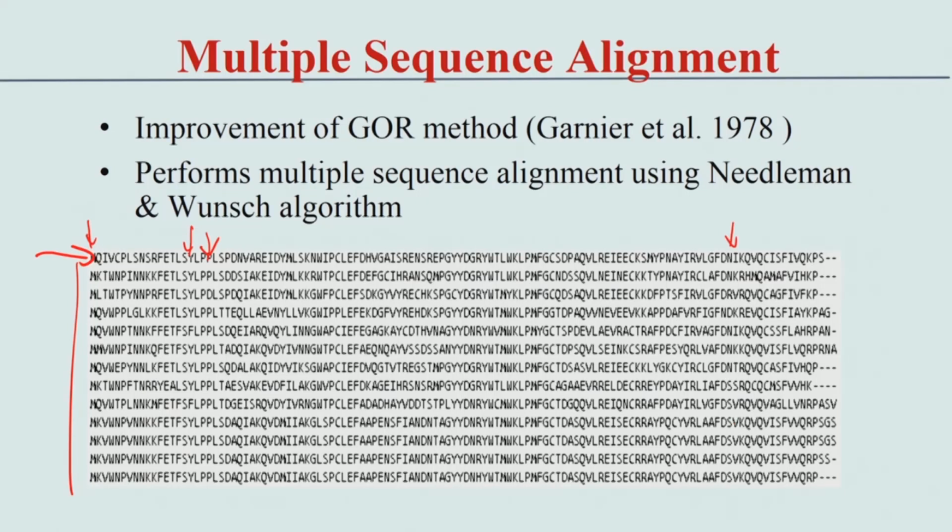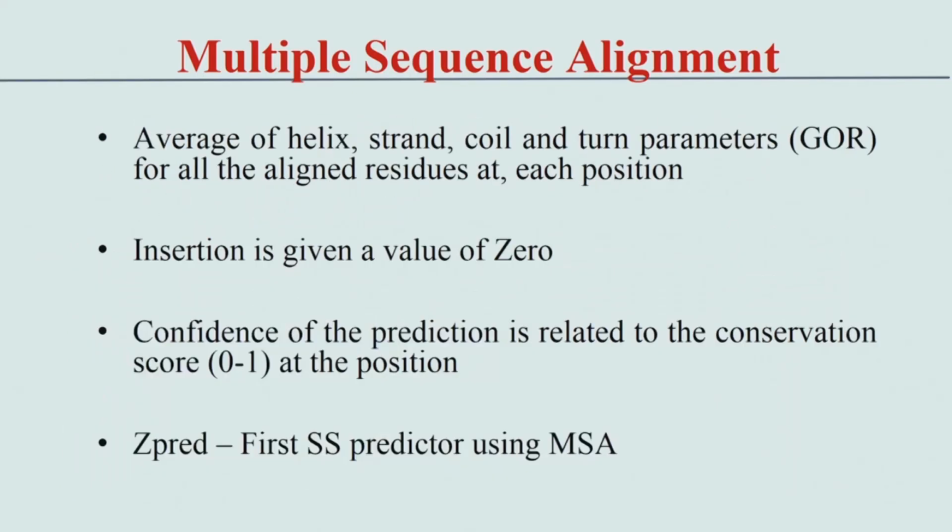So, if it is highly conserved, then the prediction performance is likely to be high, because we take the same from different sequences. So, what to do when you make this sequence alignment? There are different ways to do it. First case is we can get the GOR values, that means we have the frequency of occurrence matrices.